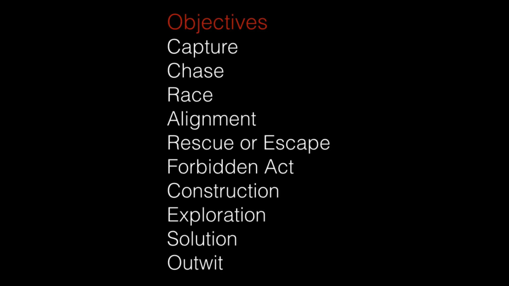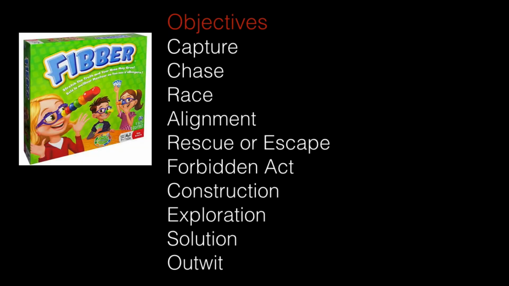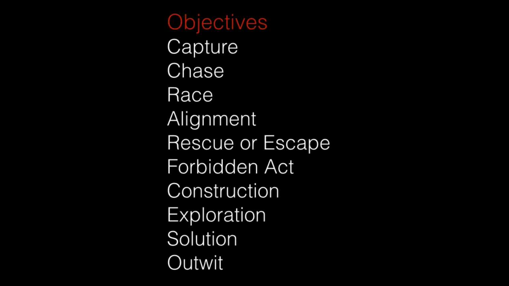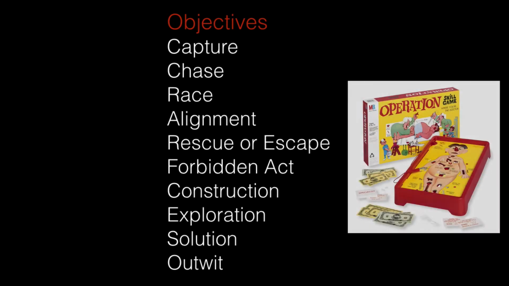Some of them are kind of interesting to think about, like the forbidden act, whether it's to get the players to laugh, or to get people to cross over a border, or, for example, the tabletop game Operation, where if people touch the edge of the person that they're operating on, then there's a buzzer sound.